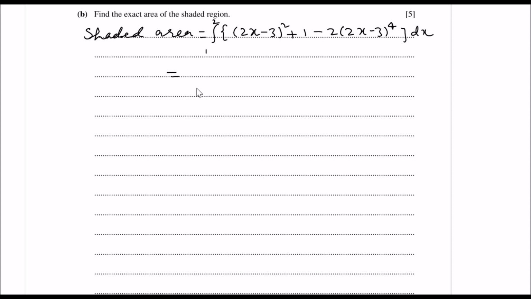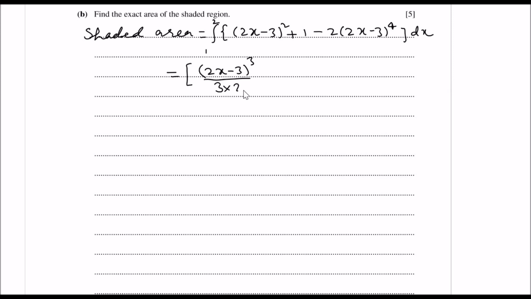Now let us integrate. Once you integrate this, we get 2x minus 3 to the power 3, because we need to add 1 to the power, so 3. Then 3 comes in the division and times 2, because the coefficient of x is 2 here.